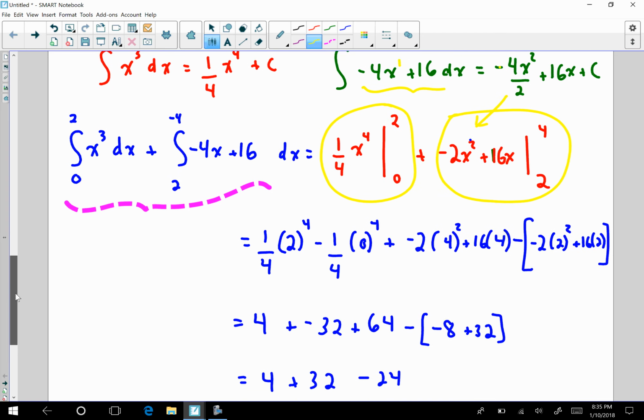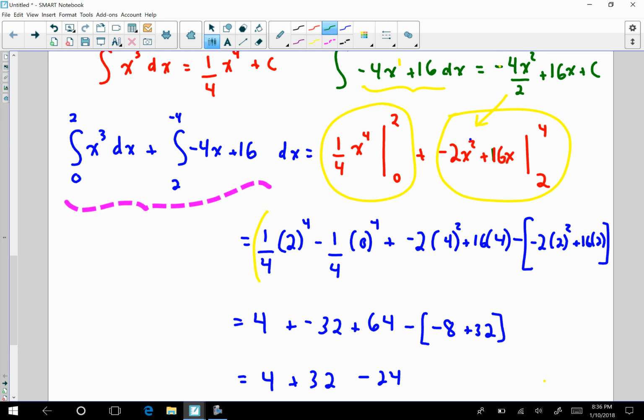What I would ask you to do at this point is look at this carefully. I'm going to put 2 into 1/4 x to the 4th. This is putting the 2 in. And then I'm going to put the 0 in.